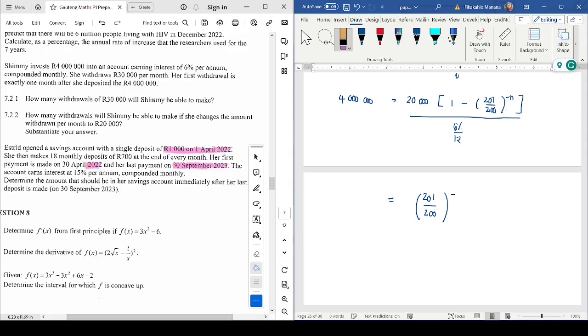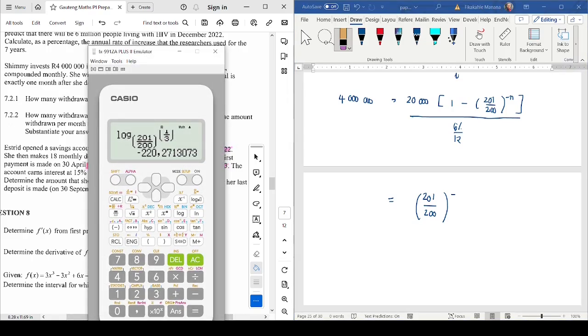Okay, let's not copy everything. So we're going to say 4 million. Okay, so we have 4 million multiplied by 6% over 12 divided by 20,000. Okay, so yeah, let's not try to cheat the system there.